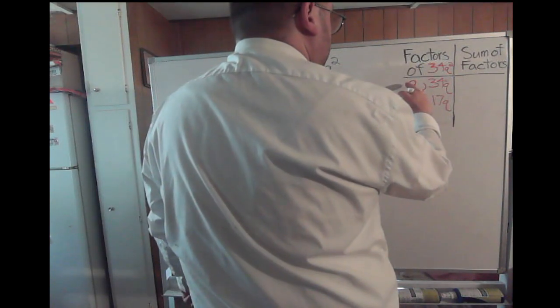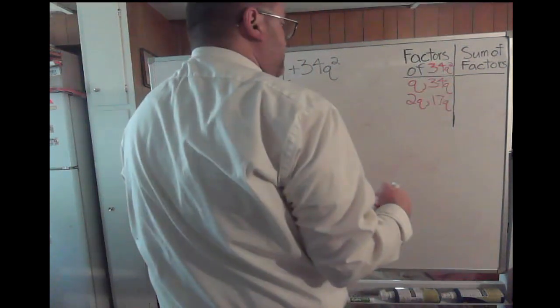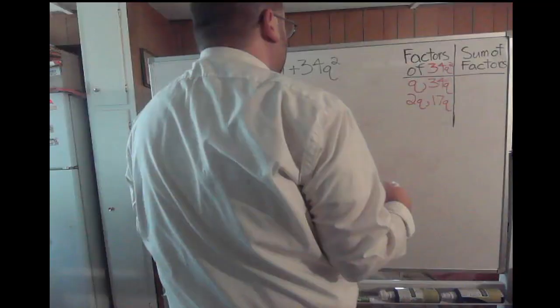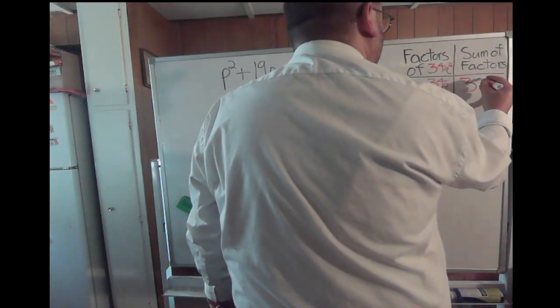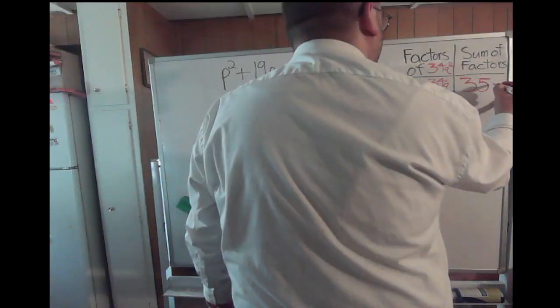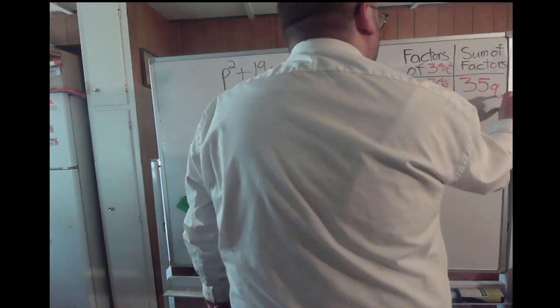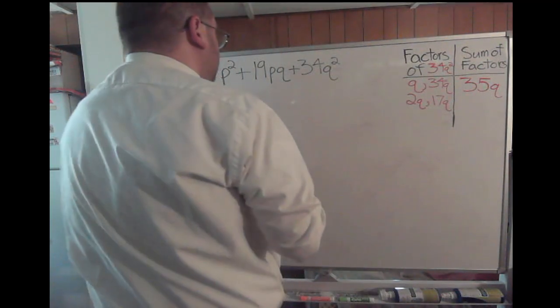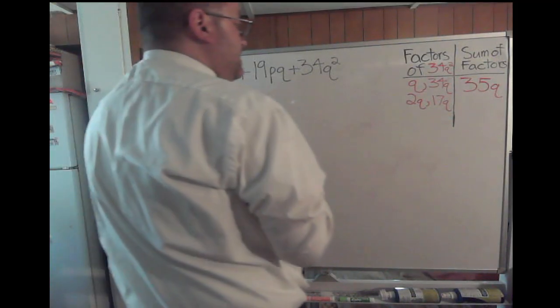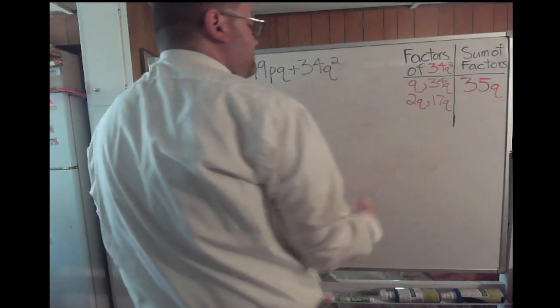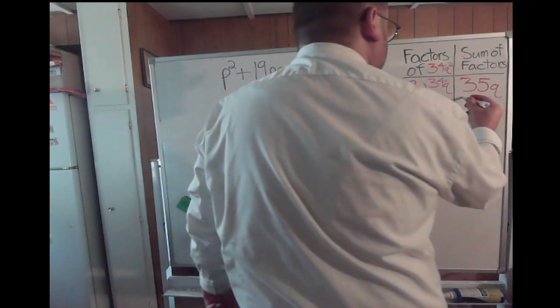Well, does Q plus 34Q equal 35Q? No. I mean, it does equal 35Q, but it doesn't give you the 19Q. How about 2Q and 17Q? That'll give you your 19Q.